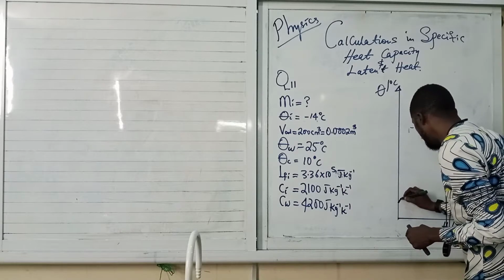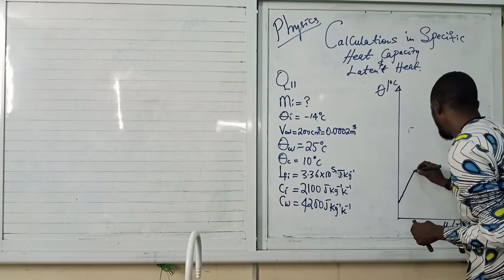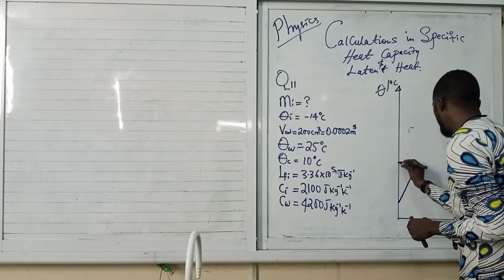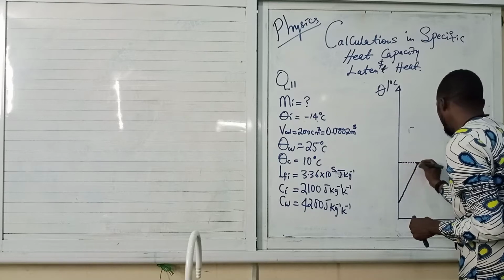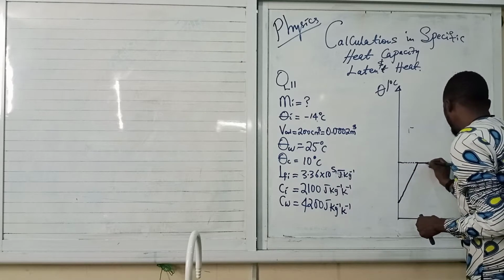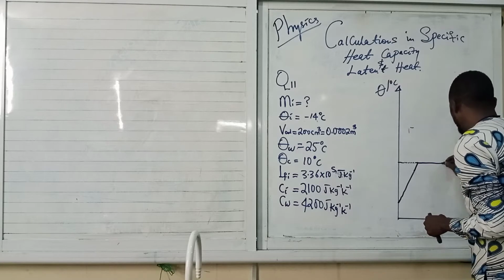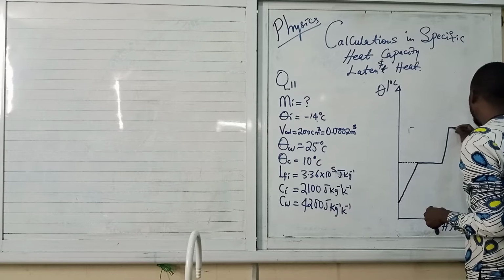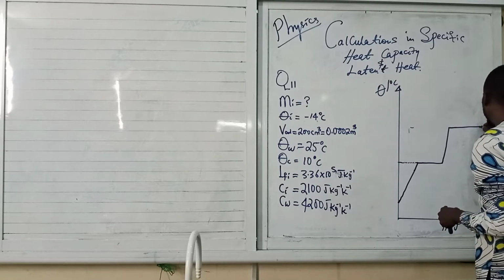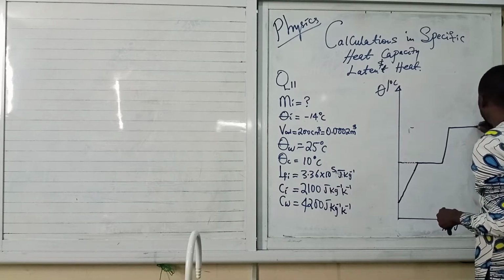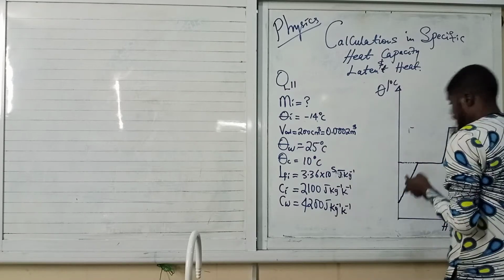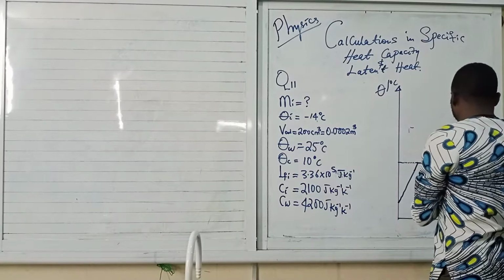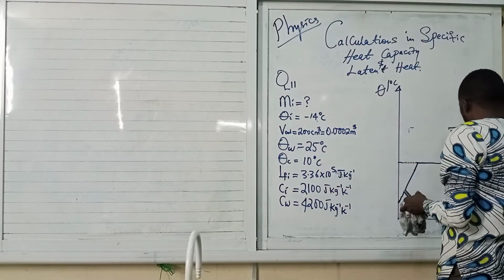Now, if you watch that video very well, I did something like this. Let's start from this point. From this point, then you have a dot. Then from this point to this point, to this point, and then to this point. Let me have more stick here.